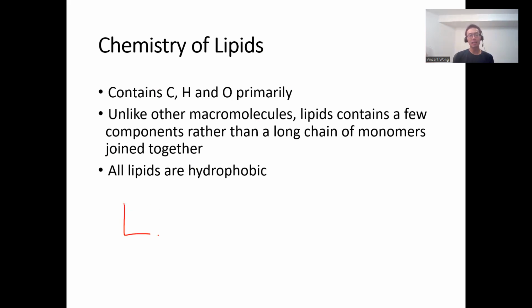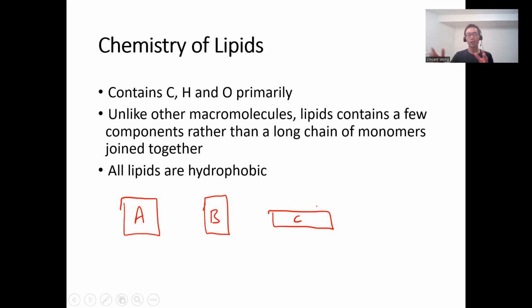Instead, lipids have a few components. So let's say there's A, B, and C, 3 different components, and you pick and choose the components to build certain things. So let's say we want to build a fat molecule. I would take component A, and then I would take 3 of component B and put them together, then I get the fat.